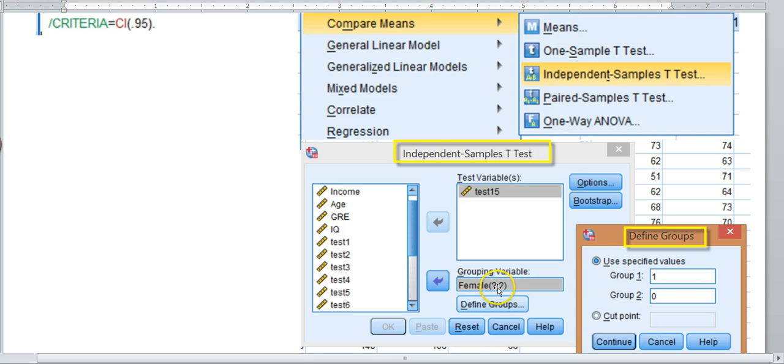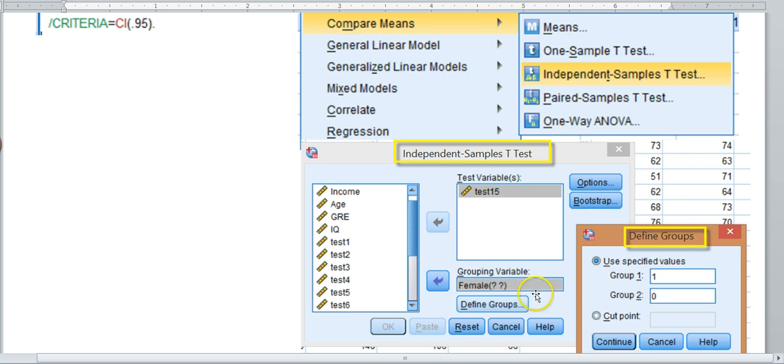And then you'll see that when you place a variable into the grouping variable, and it should be a nominal variable, you will be asked to define the groups. And what SPSS is asking for again is, what number did you code them? So group 1, I put 1, group 2, I put 0. So in our case here, group 1 is the women, group 2, which is the 0, is the men.